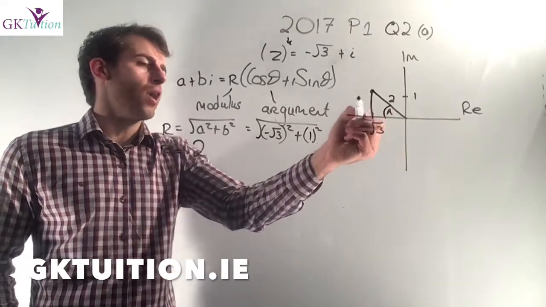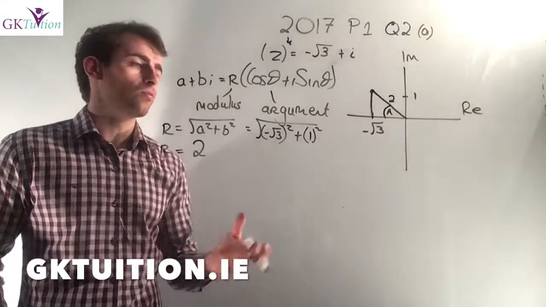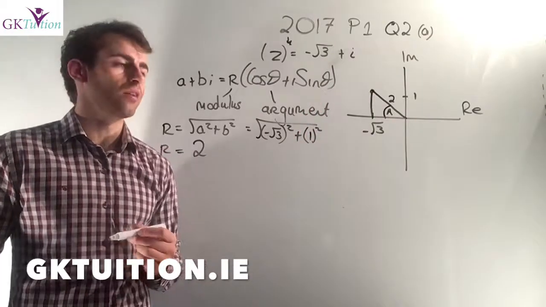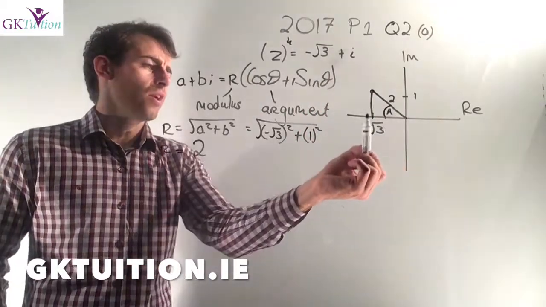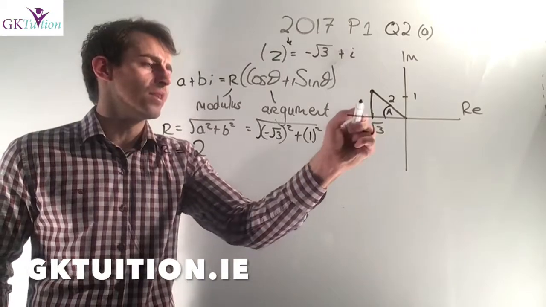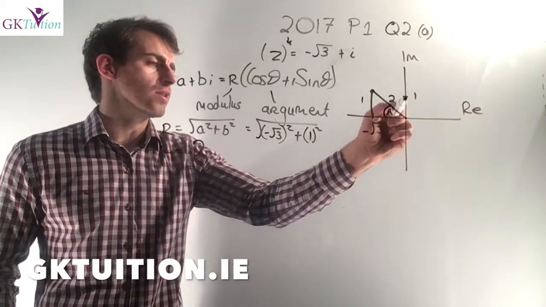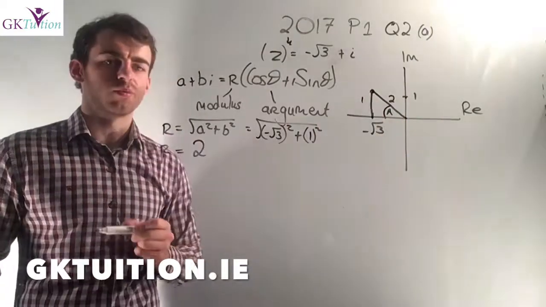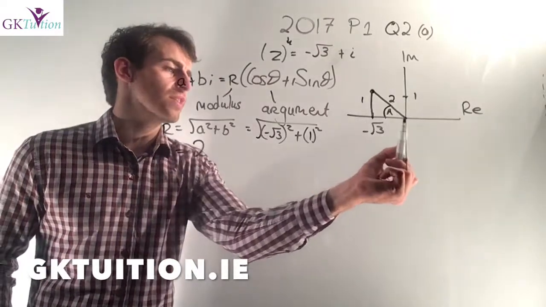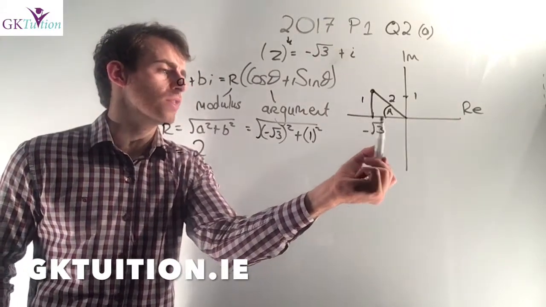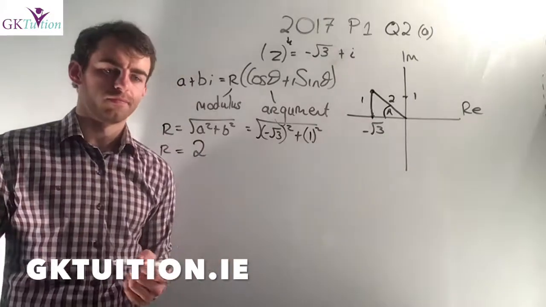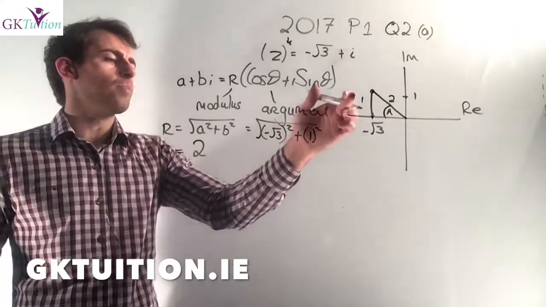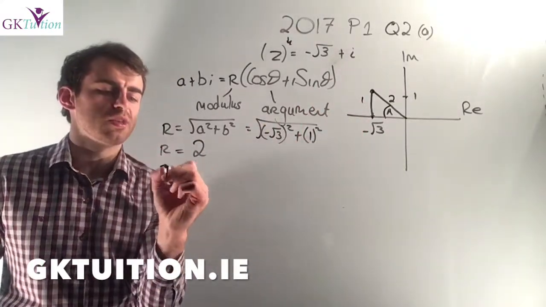I know the opposite, adjacent and the hypotenuse of this right angle triangle, so I could easily find the angle A. I know the opposite is 1, the distance from here to here is 1. And I know the adjacent, the distance from the origin over to here, is the square root of 3. So I know the opposite and the adjacent, which means I can use tan.